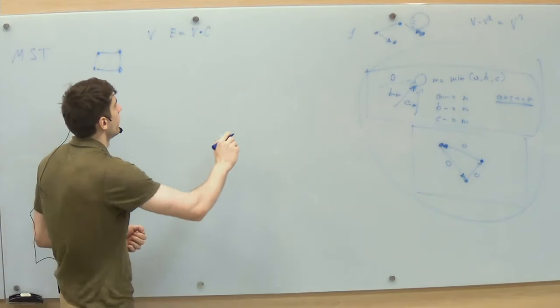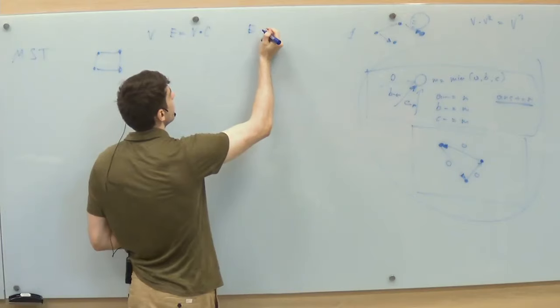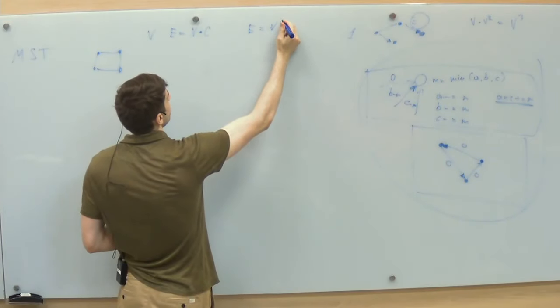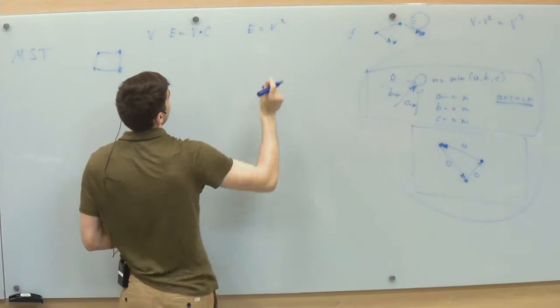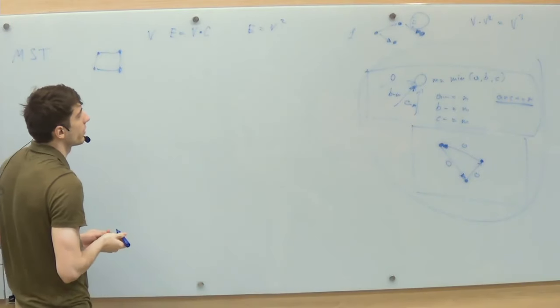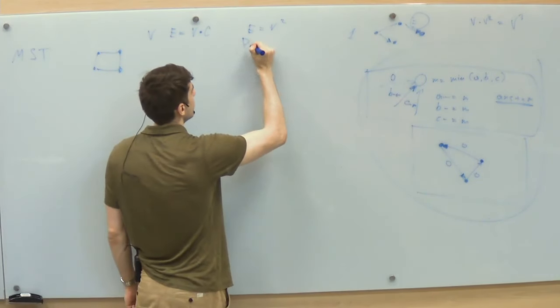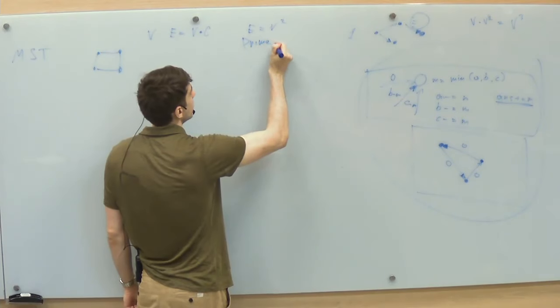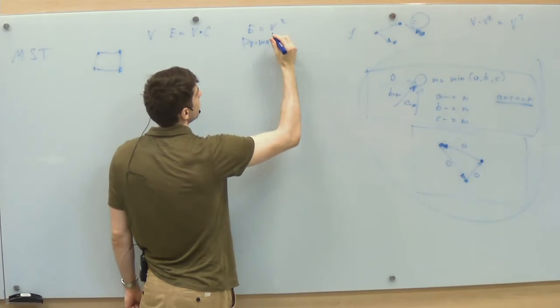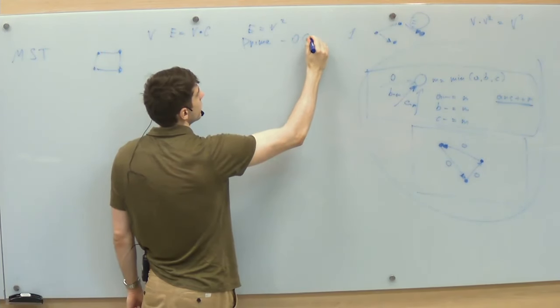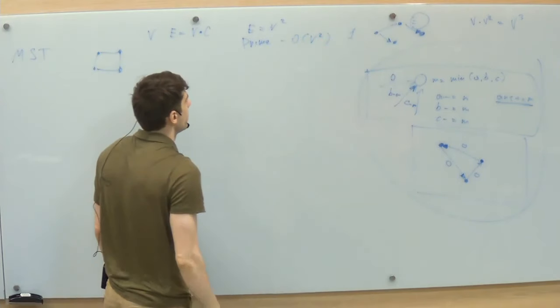If, for example, we had a complete graph, then Prim's algorithm works well for it, and to remind you, it works in exactly V squared.